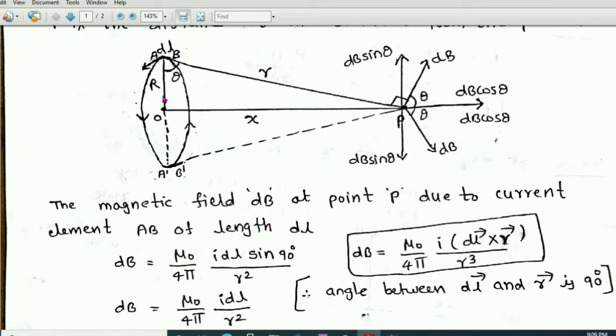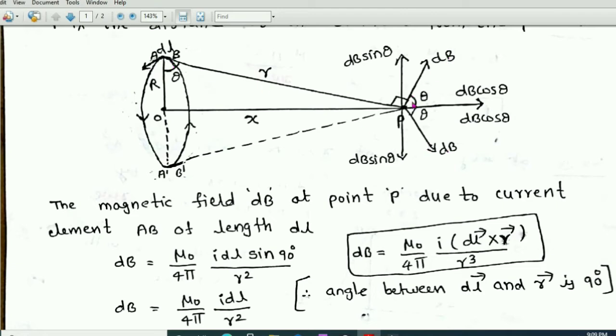Now let us consider the similar length element A dash B dash just opposite to this. Due to this A dash B dash length element also, there will be some magnetic field at point P which is equal to the magnetic field due to the AB length element.